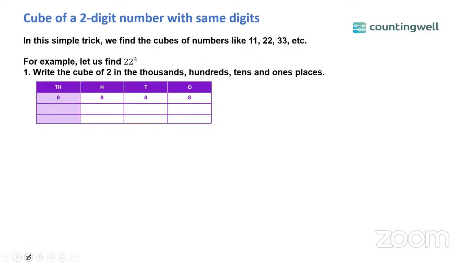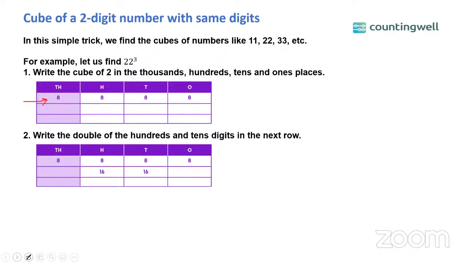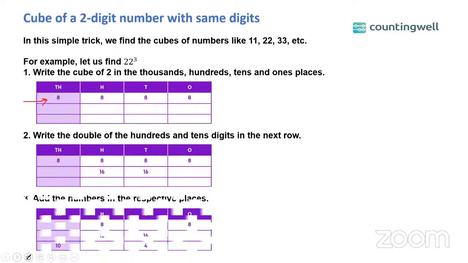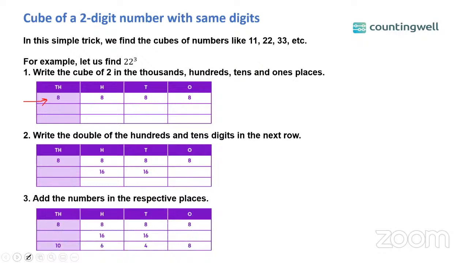We know that the cube of 2 is 8, so we enter 8 in all the columns. Next, we double the numbers for the hundreds and tens place, and then add the numbers in respective places. In this way, we have found the cube of 22 as 10,648.